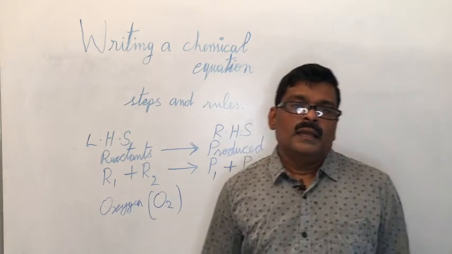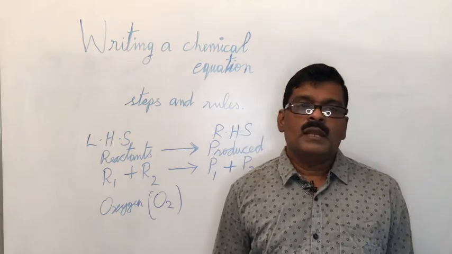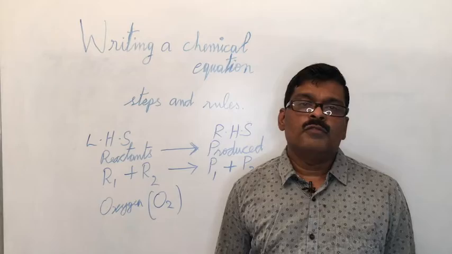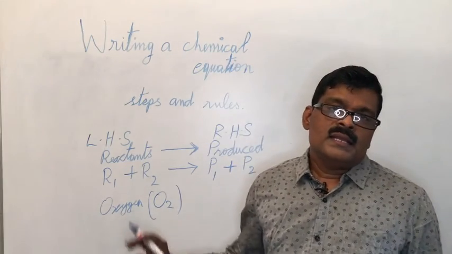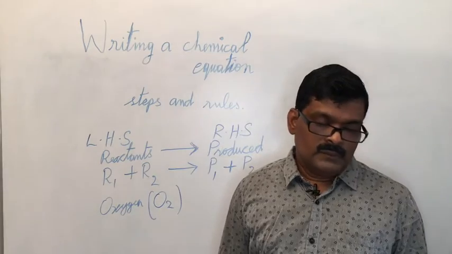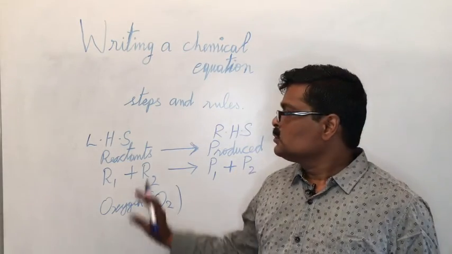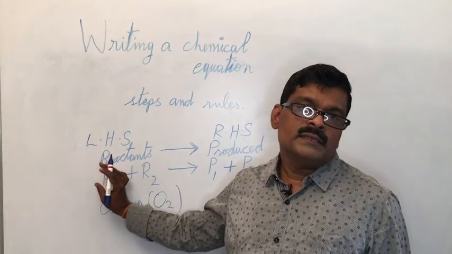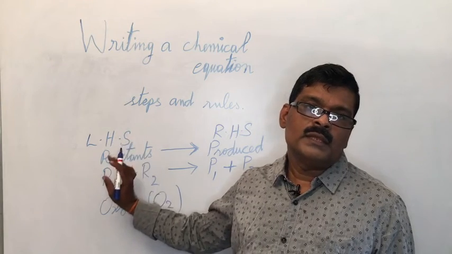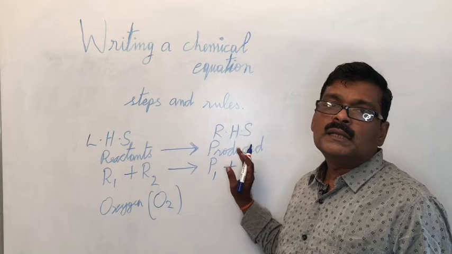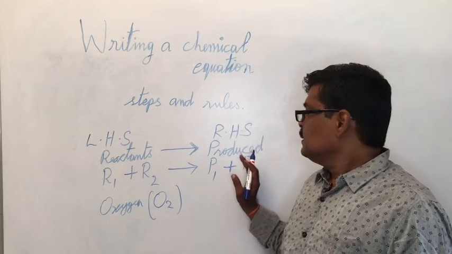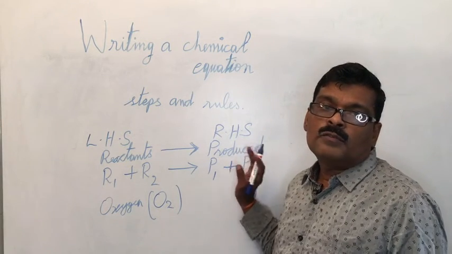Likewise, any other chemicals should also be written in their molecular formula only. It should be indicated in a sequence, in an order. First we write all reactants on the left hand side with their molecular formulas, and then all products on the right hand side with their molecular formulas.